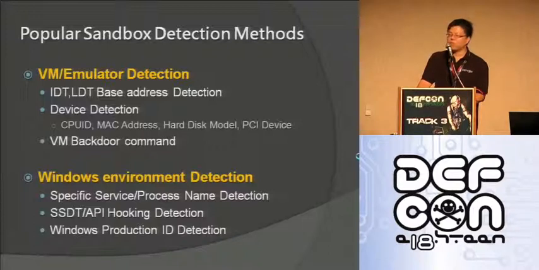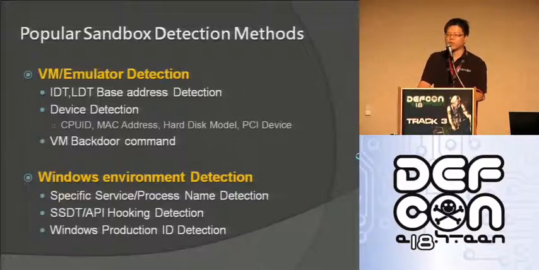So it's very easy for malware to recognize whether they are in a VM environment or emulator. And then, in addition to VM emulator detection, they can also check whether they are in a sandboxing Windows environment or not. Because in a sandboxing Windows environment, you tend to have specific services and specific process names.